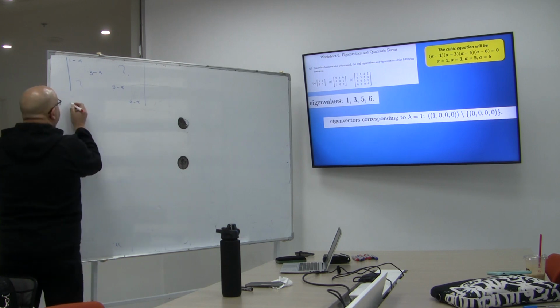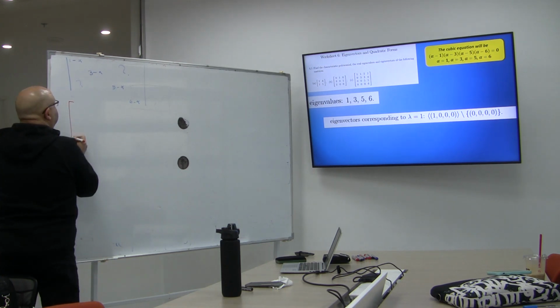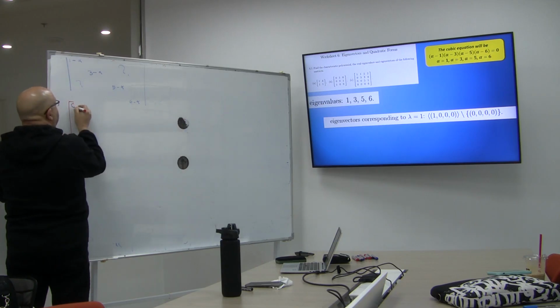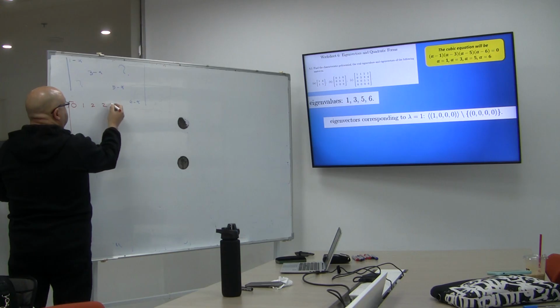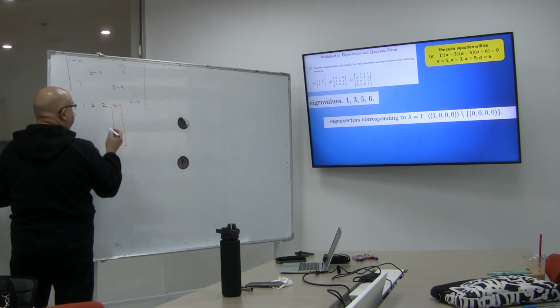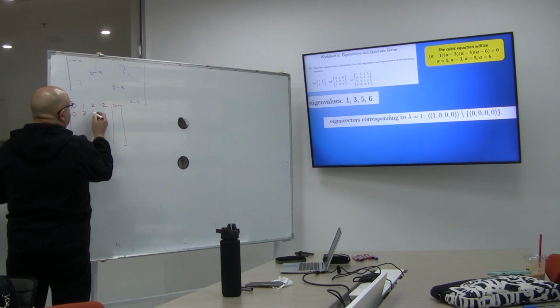All I have to do is to once more solve the system. Please help me out. 1 minus 1, it's going to be a 0. Then you will have 1, 2, and 2, right? Yes. And this is equal to 0. For the second row, I will have 0, then 3 minus 1, it's going to be a 2, then 3, 4, and then 0.